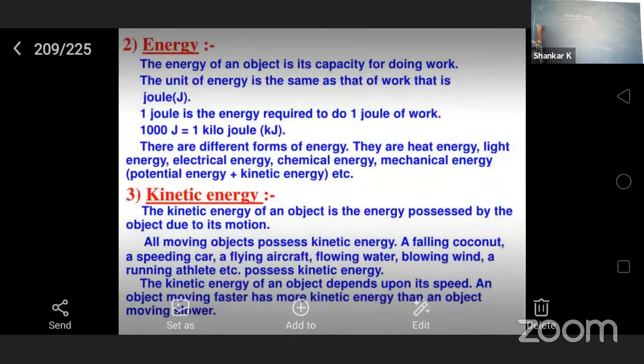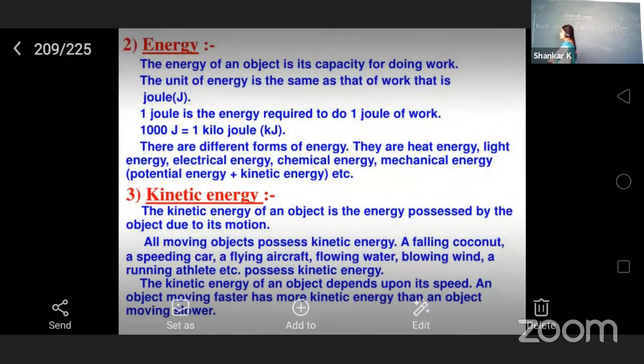Kinetic energy is equal to half into mv square. We say KE is equal to half into mv square.